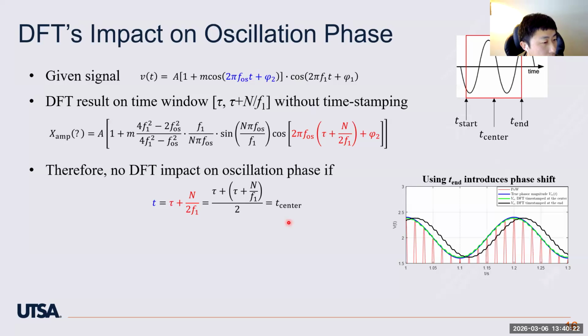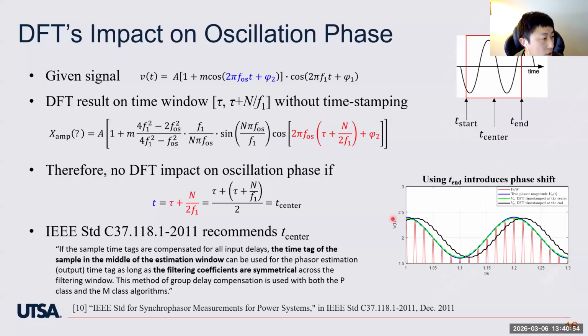And here's an example to show that if we don't use that choice, if we pick the ending time of the window as the timestamp, what will happen? That is shown by the black curve here, where you can see a constant phase shift compared to the ground truth, which is represented by the blue curve here.